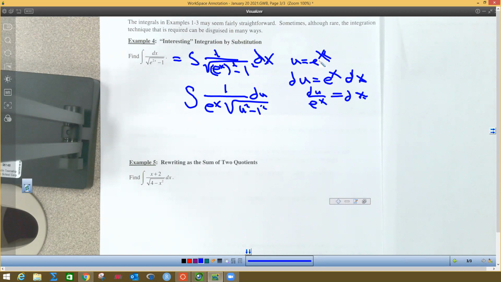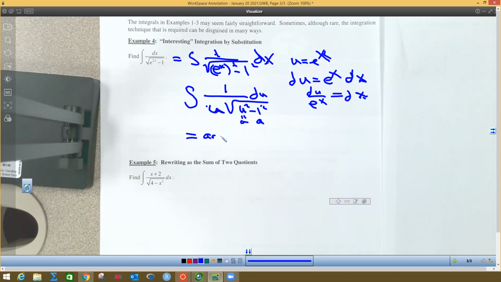Now, do you remember we said u is equal to e to the x? So I can take this u and stick it back in for that e to the x on the next step. And now this is the arcsecant rule again. So if you look here, u from the formula is that u, a is that 1 again. So we got 1 over a again, which is 1 over 1.